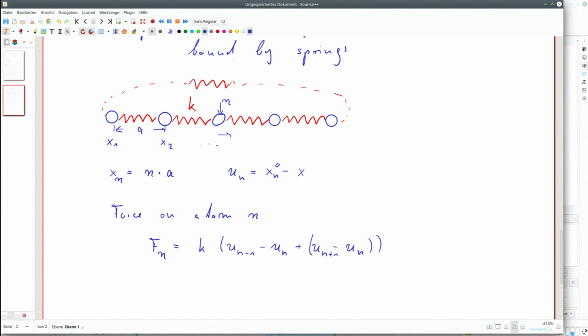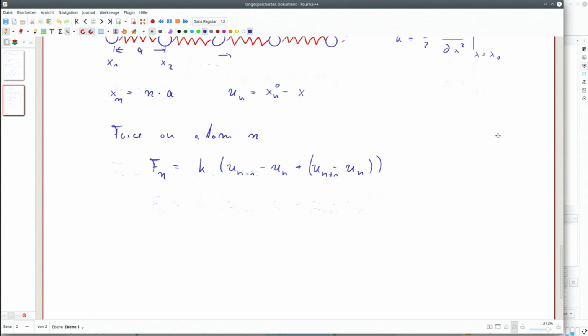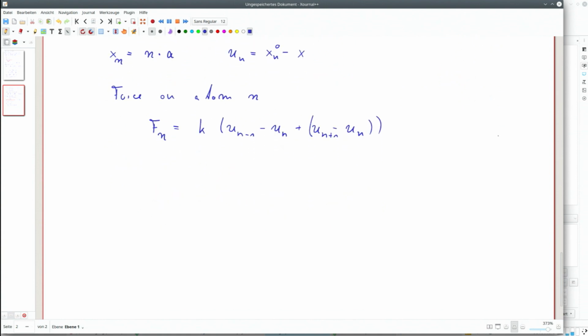Perhaps I should write it here. K is the second derivative, what we defined before. So if we have the forces, we can write down the equation of motion.